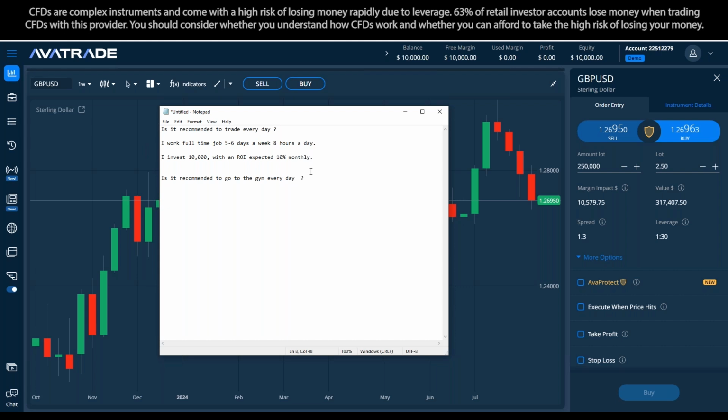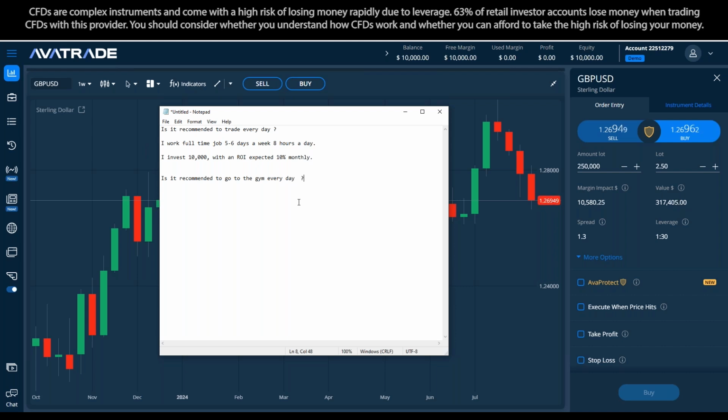Now it's obvious that if I work full time, 5-6 days a week, and I'm fatigued after the work, I get home and I'm tired, and I have to trade every day, I'm not sure that I'm going to be in my optimal state to trade, because my analysis will be blurry and God knows what.